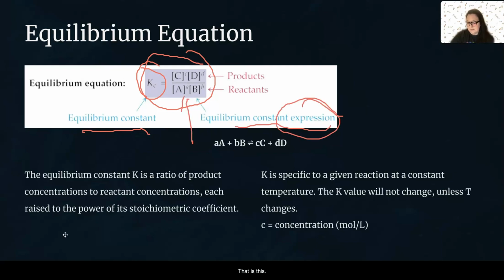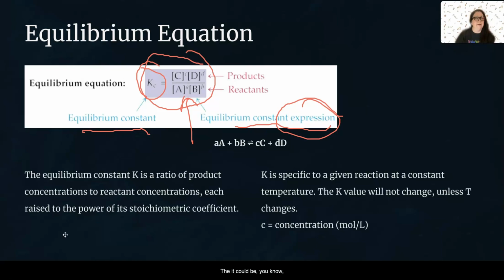That is this. So, real quick, on the AP exam, typically if you get a free response question that is equilibrium, one of the first things that they ask you to do is write the expression. And when they ask you for that, they specifically mean an expression that looks like this, where the capital letters C and D and A and B are replaced with whatever species they are.